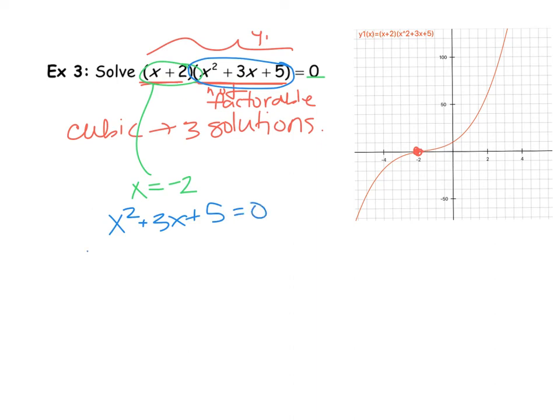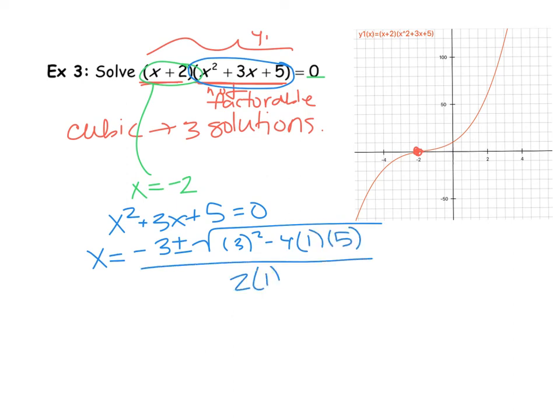Well, let's see. X equals -3 plus or minus square root 3 squared minus 4 times 1 times 5 all over 2 times 1.